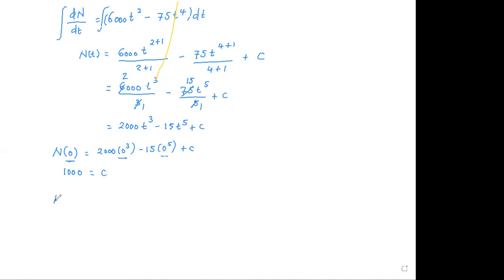So the size of n(t) is given by 2,000 t to the power 3 minus 15 t to the 5 plus 1,000. Our job was to find c after we integrated. So that's what we call the application of integral.